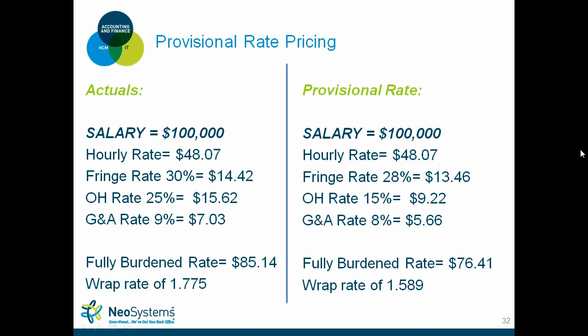Now, the advantage of having a provisional rate is that you forecast out added extra cost, added extra base. And what that'll typically do is lower your indirect rates, okay? And in this case, now you're coming in at a wrap rate of 1.589, which is very competitive and much more competitive than 1.775. So that's really the snapshot of the advantage of having a provisional rate.